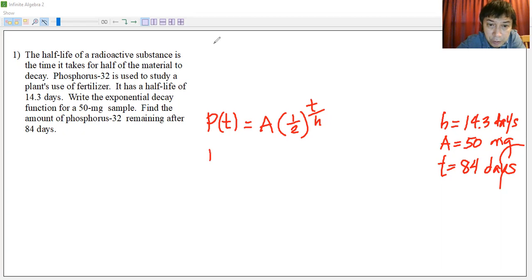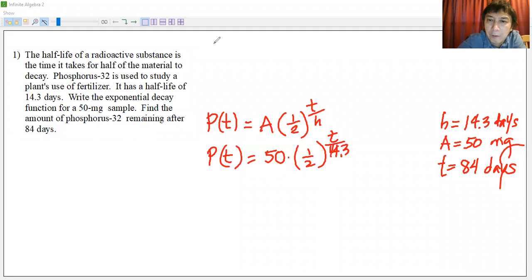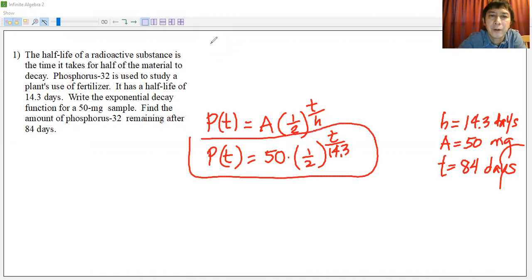So direct substitution: this will remain P, and A becomes 50, that's the initial amount, times the quantity 1/2 raised to our variable time over a constant half-life of 14.3. This is the required exponential decay function. All right, and so that's for the first question.